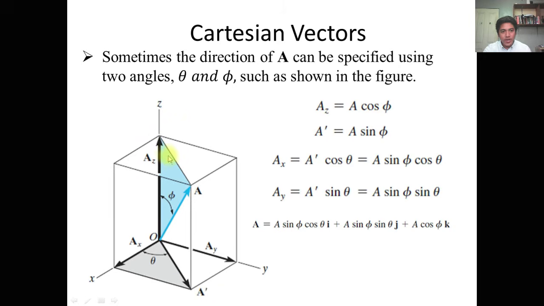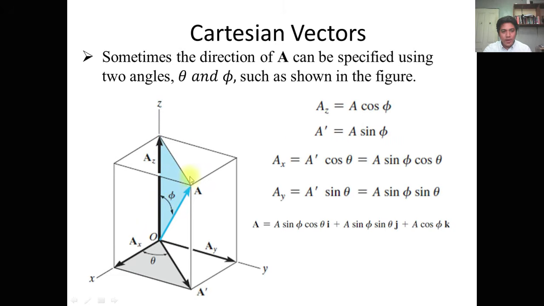As we can see, this is A prime, equal to this. Sometimes, if you're going to get the components, it is very useful to use this. Why? Because, as you can see, we have a sub z here. If we are going to get a sub z here, this is phi, this is A prime.